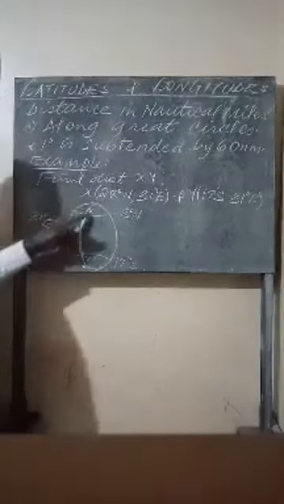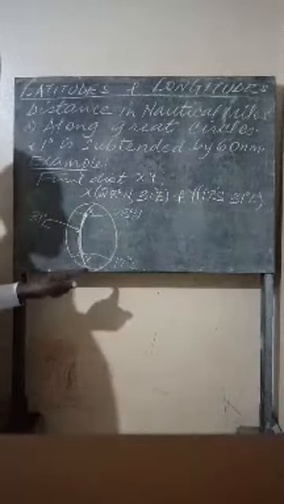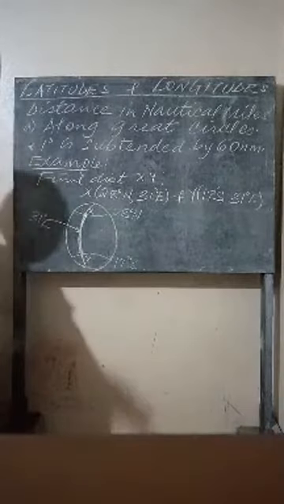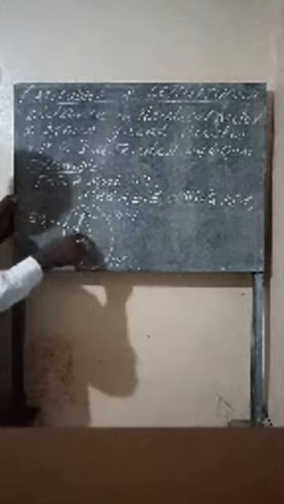So that distance falls on a great circle. In nautical miles, again, our concern is just to know how many degrees this arc subtends at the center. This angle here. So we get the latitude difference from this point to this.